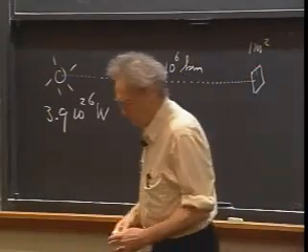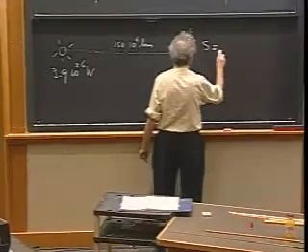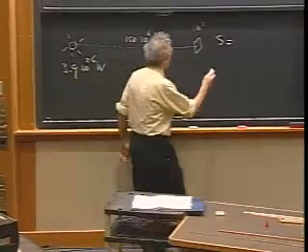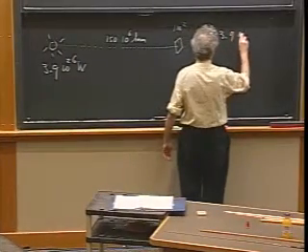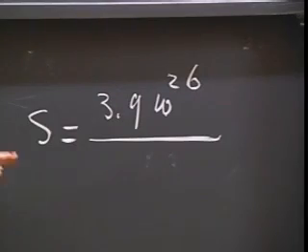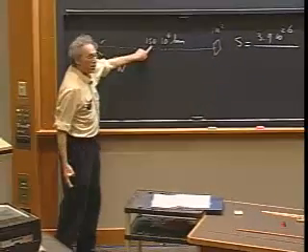So that value for S is, of course, the radiation that leaves here. That is my 3.9 times 10 to the 26. And now I have to divide it by the entire surface area of the sphere, which goes in all directions, that has this radius.